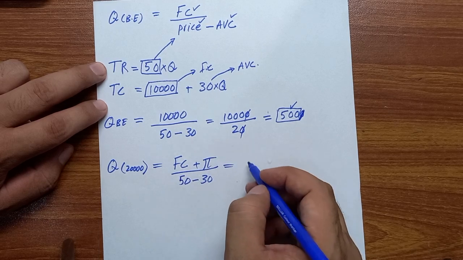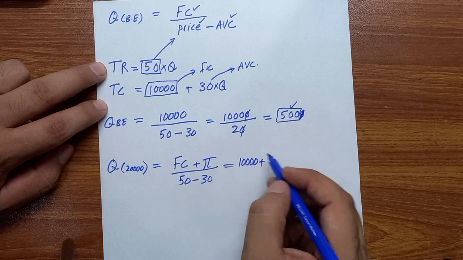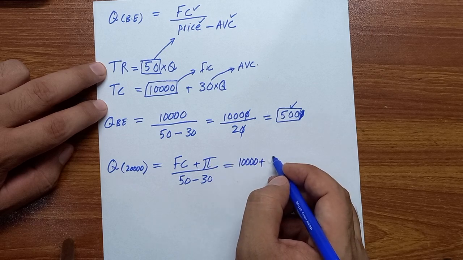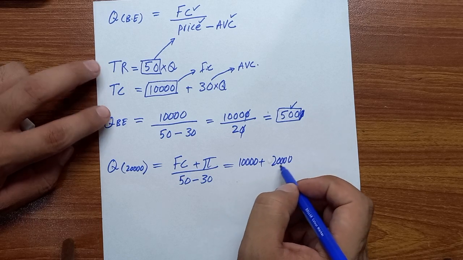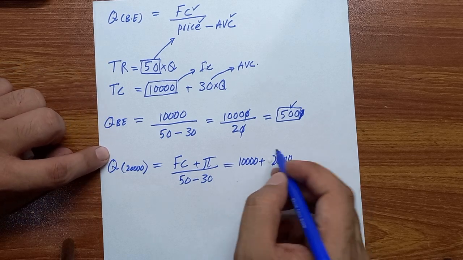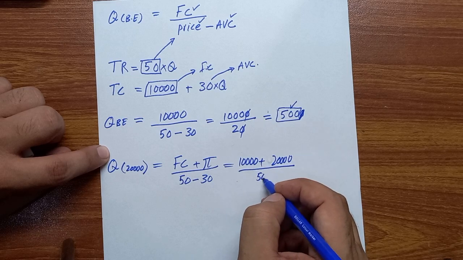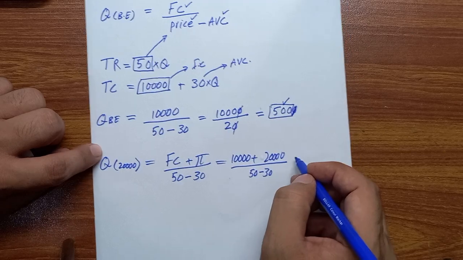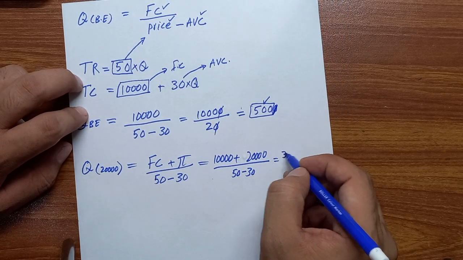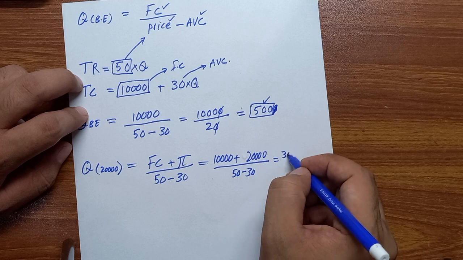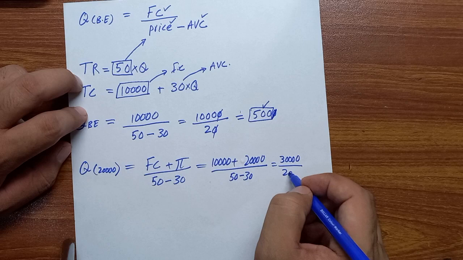The fixed cost is 10,000 and the profit is 20,000, so we have 30,000 divided by 20.